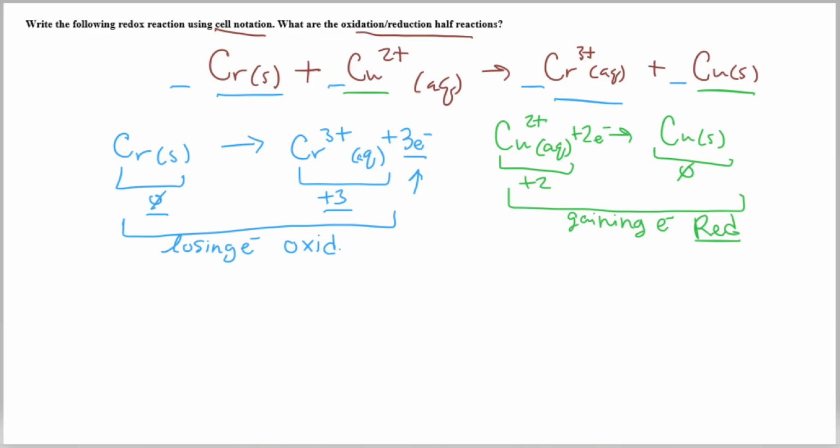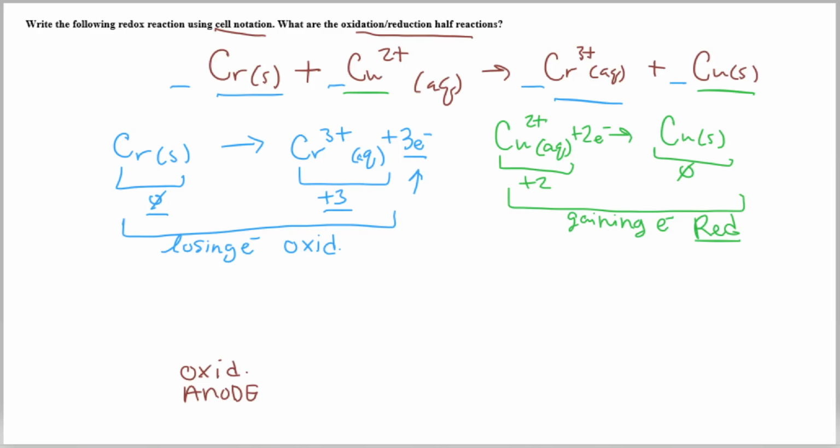Cell notation is just a new way of looking at an oxidation reaction, and in your cell diagrams, you're going to see anode and cathode indicated. Essentially, the form is the oxidation side is on the left, or the anode.